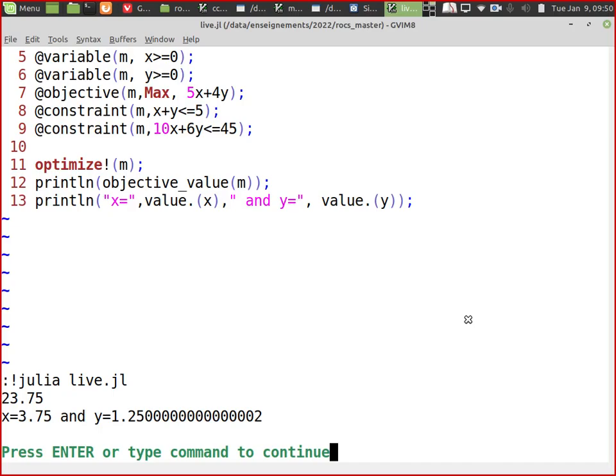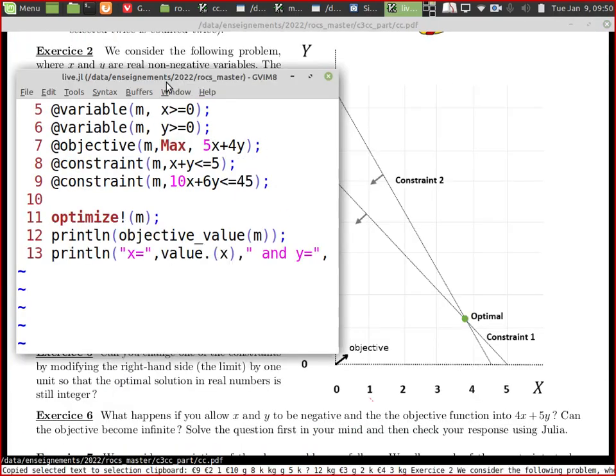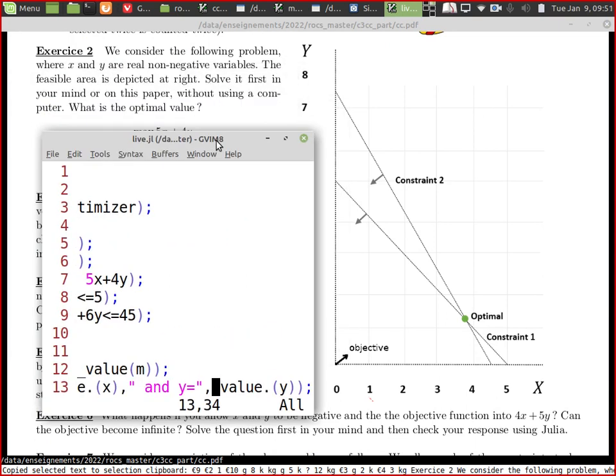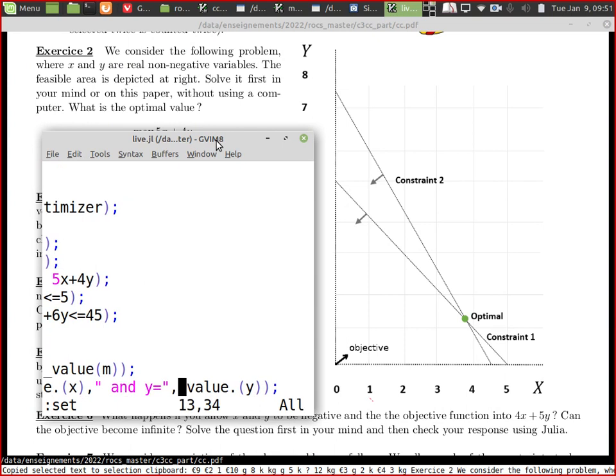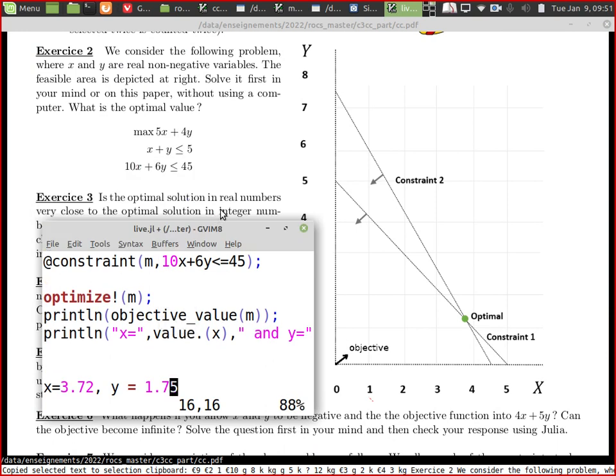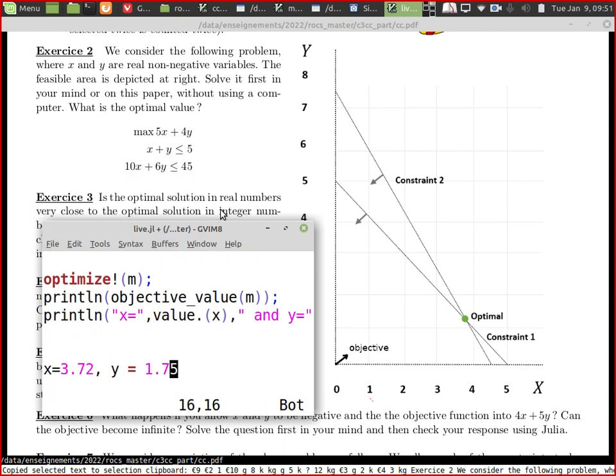Look, if you want, what we can also do, let me write a comment here. So x is 3.75, he said, and y is 1.25. That's it. Is the first constraint satisfied? The first constraint is x plus y less than 5.